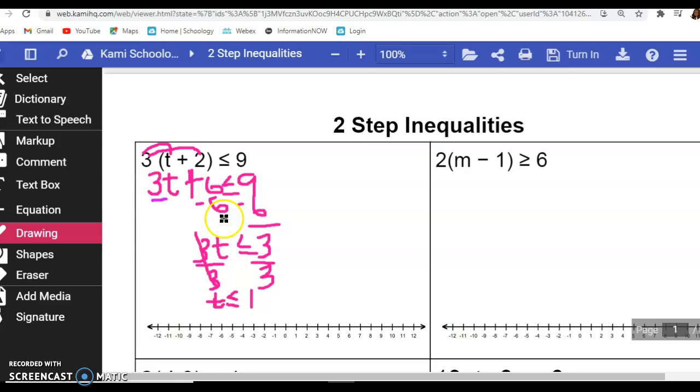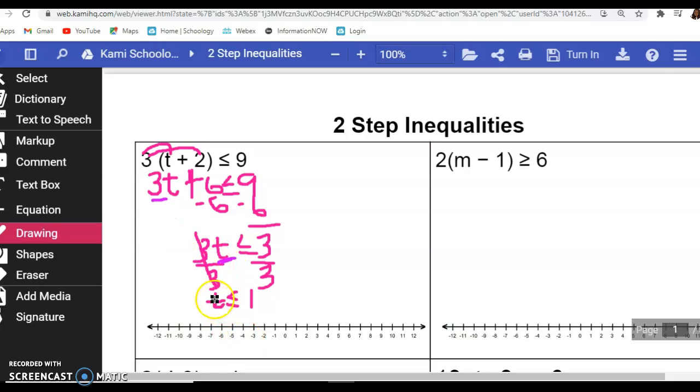We know that these 6 cancel. So we just brought down the inequality sign, which was less than or equal to, and we subtracted 6 from 9, which gave us 3. So now we're left with 3t less than or equal to 3, and we divided by 3 on both sides in order to get this t alone.